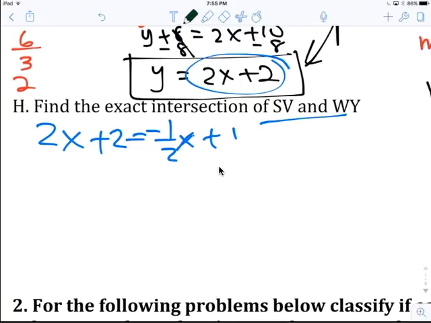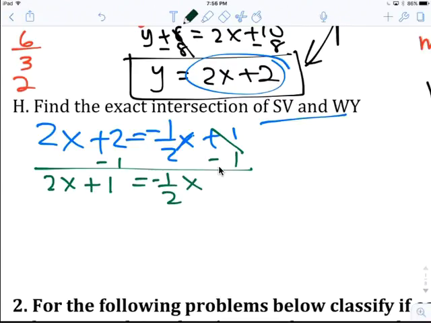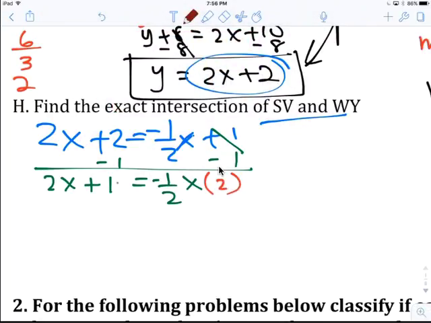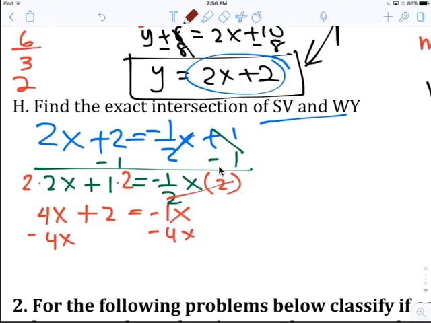Or here's what you can do, you can always do minus 1 first, and then you get 2x plus 1 equals negative 1/2 x, and there's a fraction. You don't want to work with it. You can times all of it by 2. You get 4x plus 2 equals negative 1x, and then you minus 4x, minus 4x. You get 2 equals negative 5x, divide by negative 5.